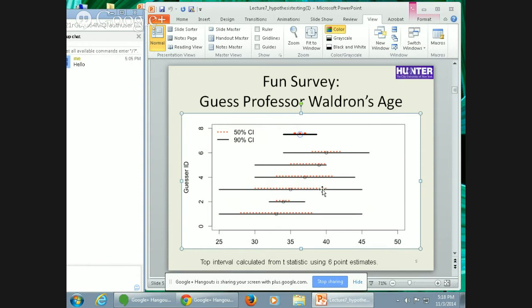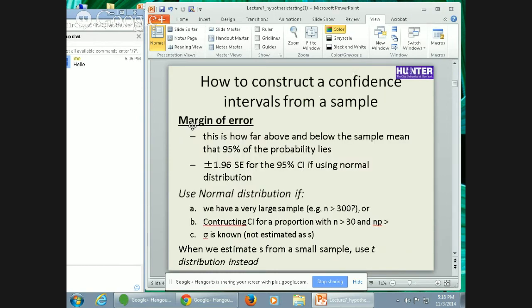So in general, though, the confidence interval accounts for random sampling error, not bias like this. So if these had been centered on my true age, then these would have been overestimated margins of error. And I thought it was kind of interesting.